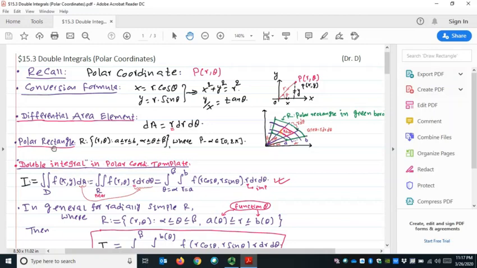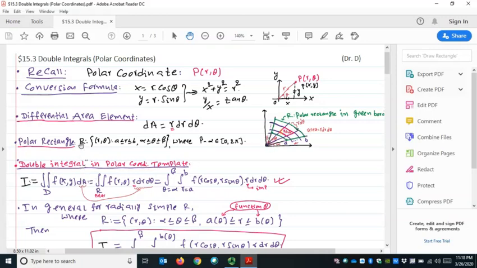Next, if the polar rectangle is defined in this way, for example, as a function of r and theta, where r is between a and b, and theta is between alpha and beta, where alpha is this small angle and beta is this big angle.